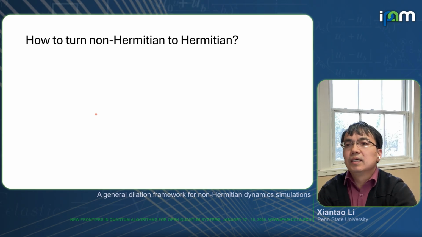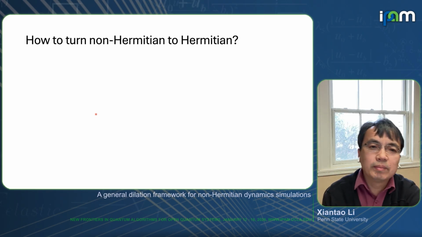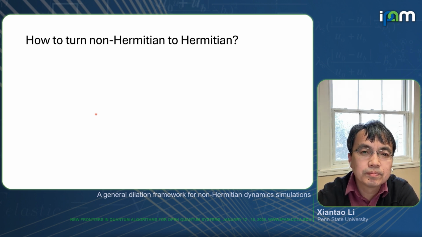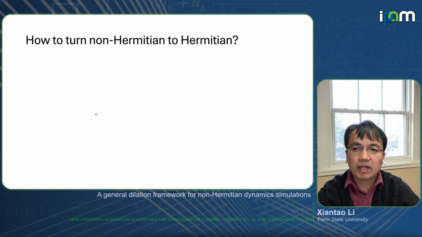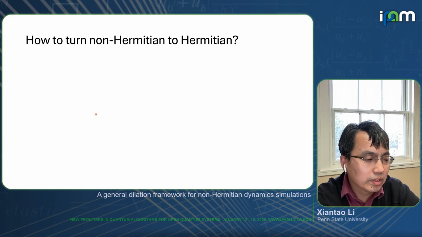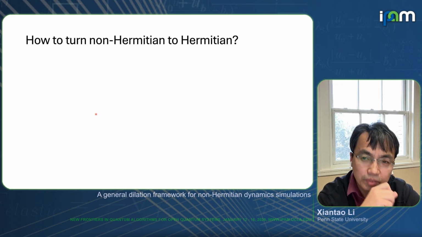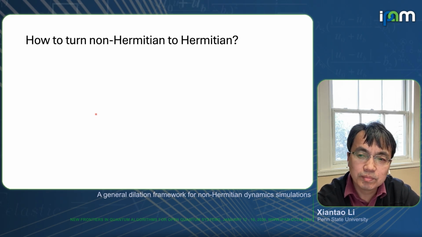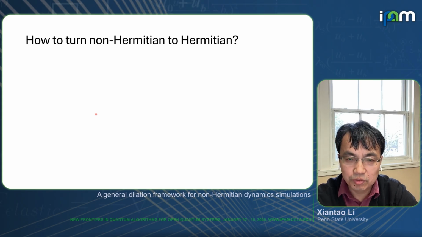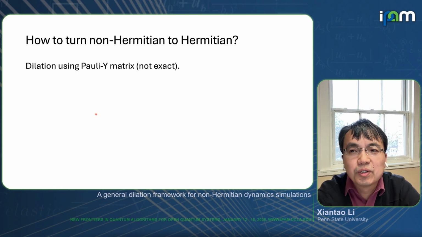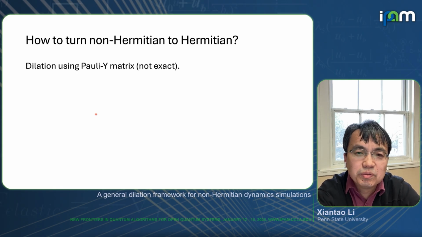Now, the first thing is this question about turning a non-Hermitian dynamics to a Hermitian dynamics. In other words, we could have a dynamics that doesn't look like the Schrodinger equation at all, but somehow we want to apply a mathematical mapping to turn it into the Schrodinger equation. Now, the simplest idea, I couldn't find who started this first.